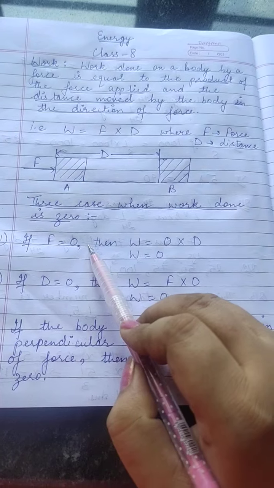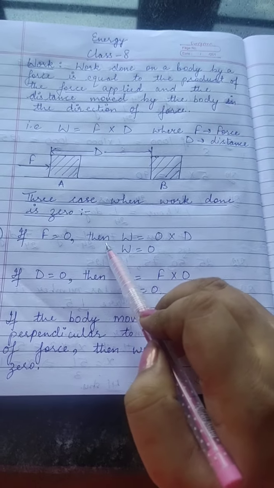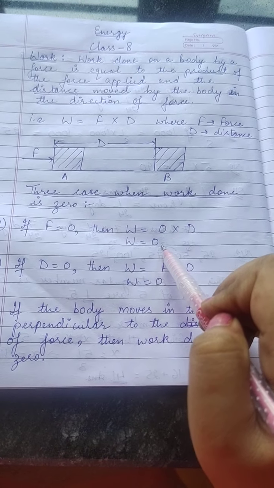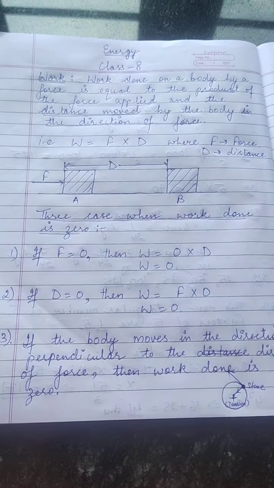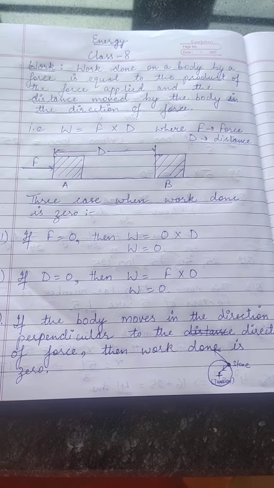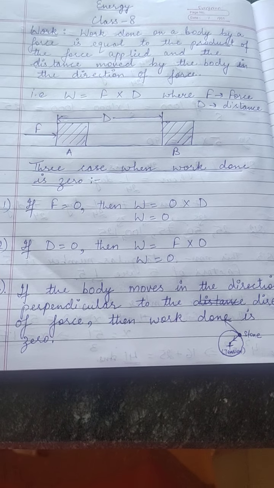If force is not applied, that is force is 0, then the work is equal to 0 into D, then the work is 0. Means if we are not applying any force, the body will not move, so the work done will be 0. Next is D equals to 0.